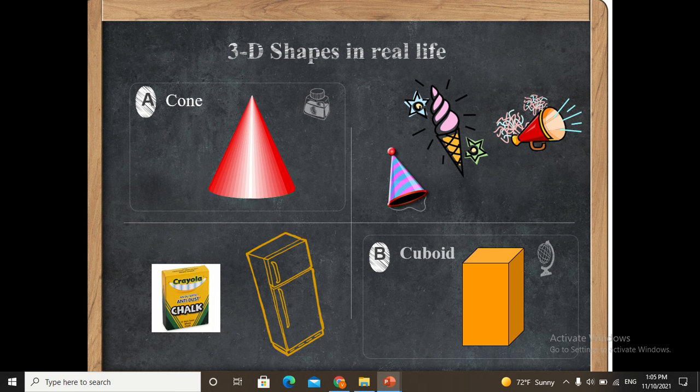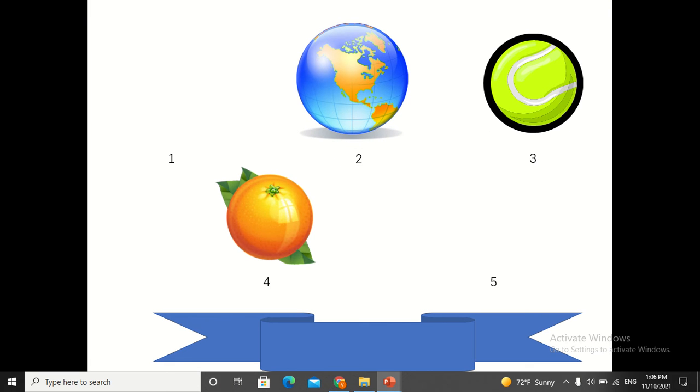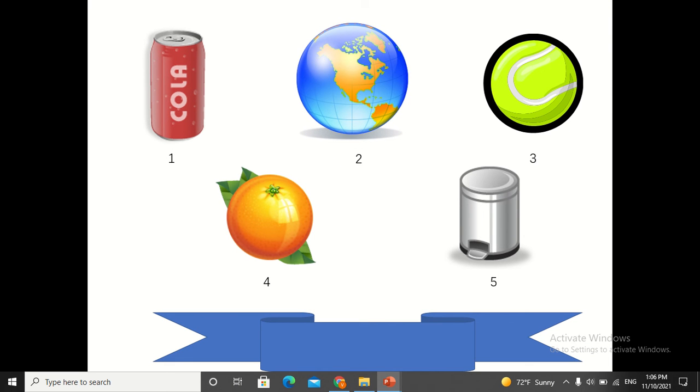Exactly. And balls? One, two, three, four, five. Look at the picture. Where is the sphere and where is the cylinder? Two, three, four are spheres, correct. And one, five are cylinders, correct.